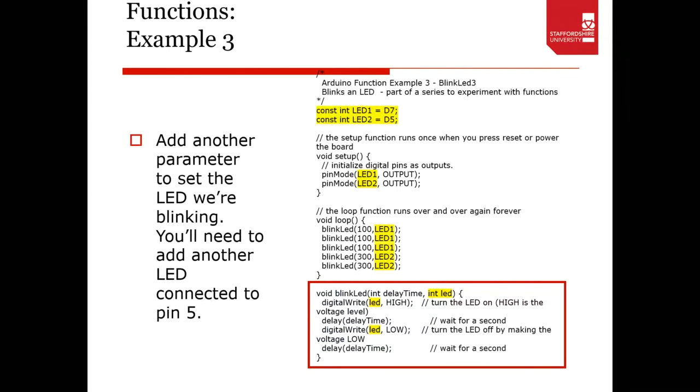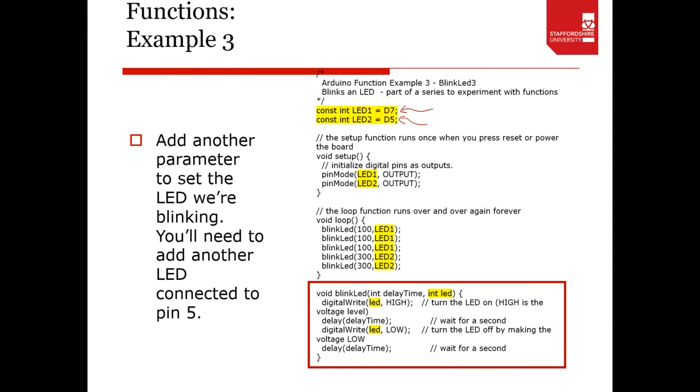So the next one is to say, okay, we want to use the same function, but we want to blink different outputs. I'm saying LEDs and blink the LEDs, but we want to make it high and low for different outputs. So we're now saying that we've got LEDs on pin D7, digital 7 and digital 5.